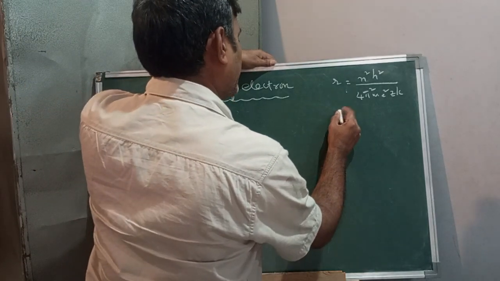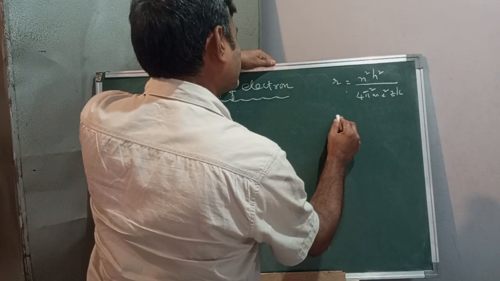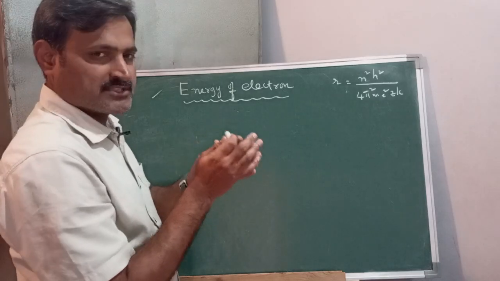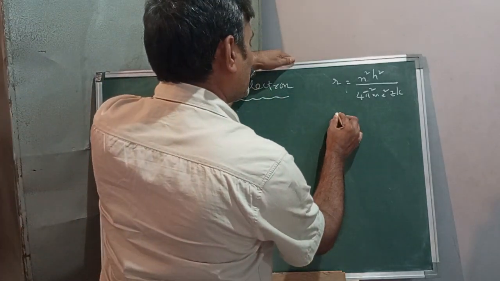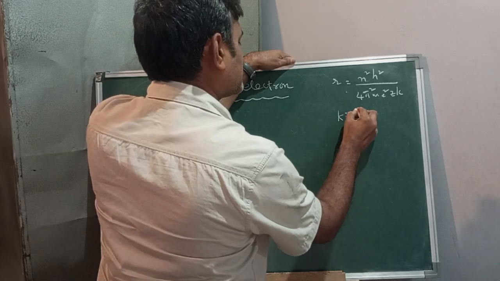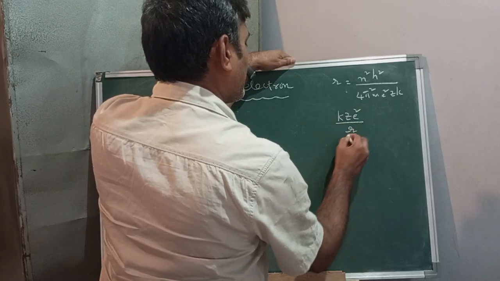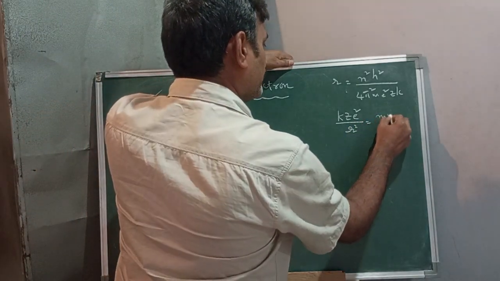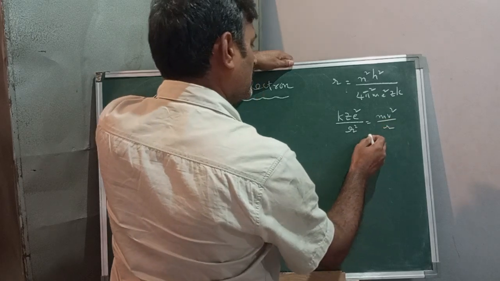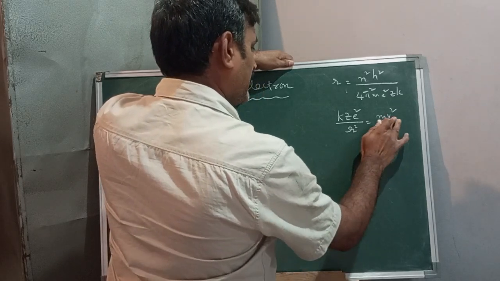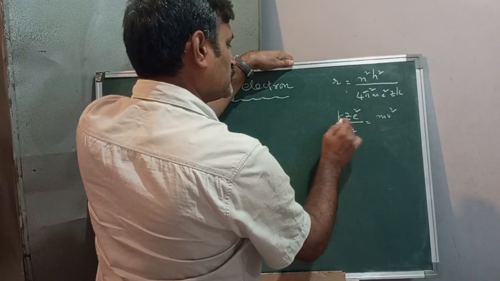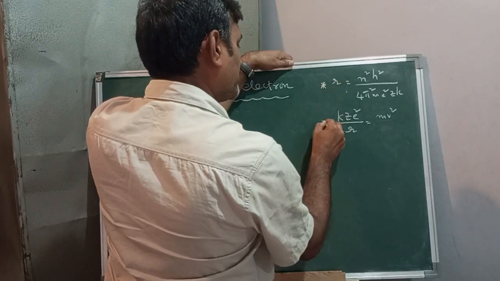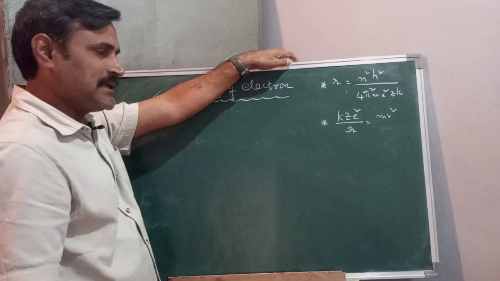Another one, there we have discussed the Coulombic force of attraction between the nucleus and electron, which is equal to k into z e square by r square, equal to the centrifugal force m v square by r. It means there we have obtained m v square is equal to k into z e square by r. This is one point to be remembered.